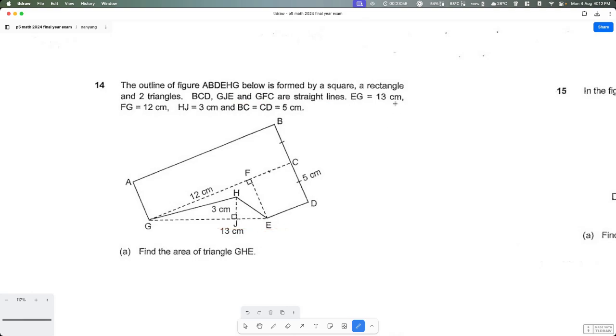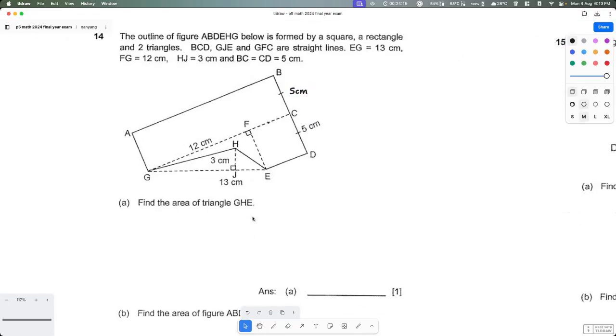EG is 13 centimeter, FG is 12 centimeter, HJ is 3 centimeter, and BC and CD are 5 centimeter. So I'm going to write here also 5 centimeter. Find the area of the triangle GHE.